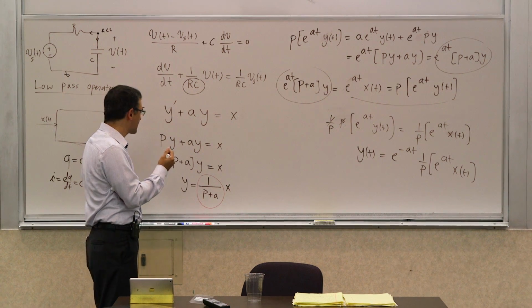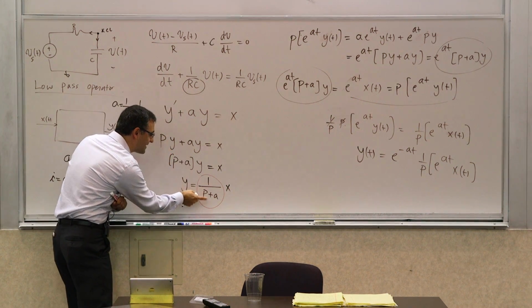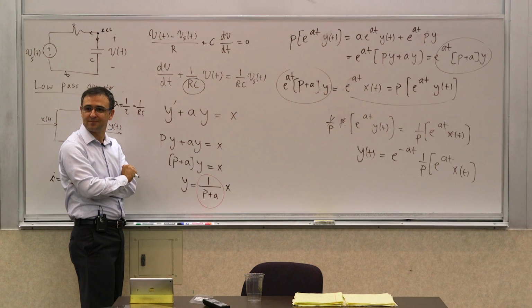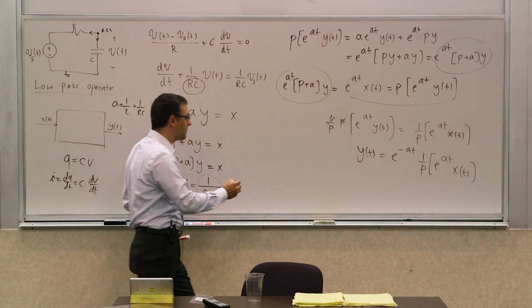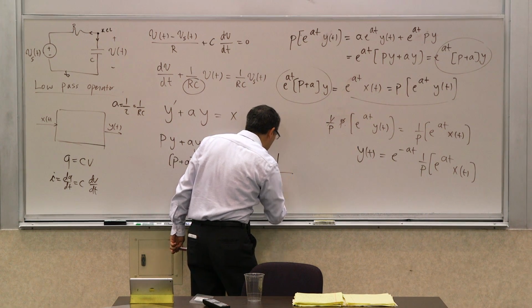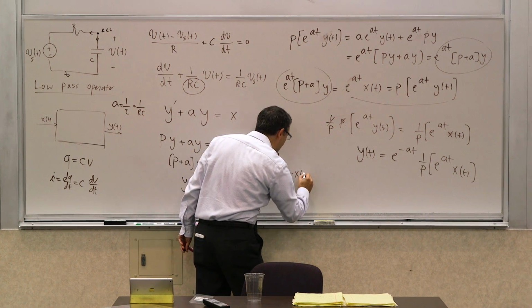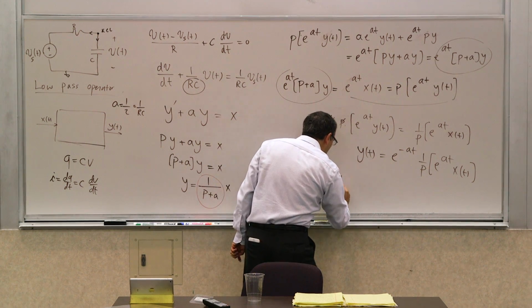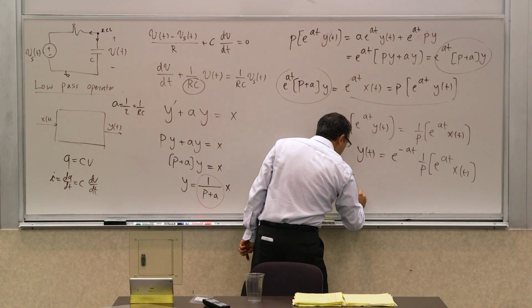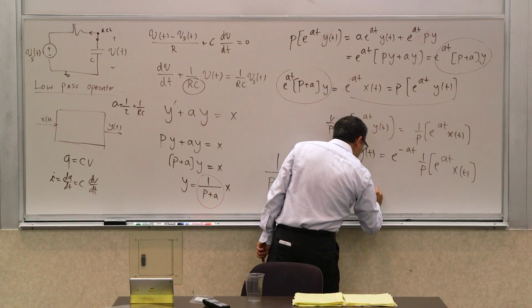For any arbitrary x. But by definition, this is this operator. Didn't we define this as this operator? So we know what this operator is. What this low-pass operator, operating on x of t, is e to the negative at times 1 over p, e to the at x of t.